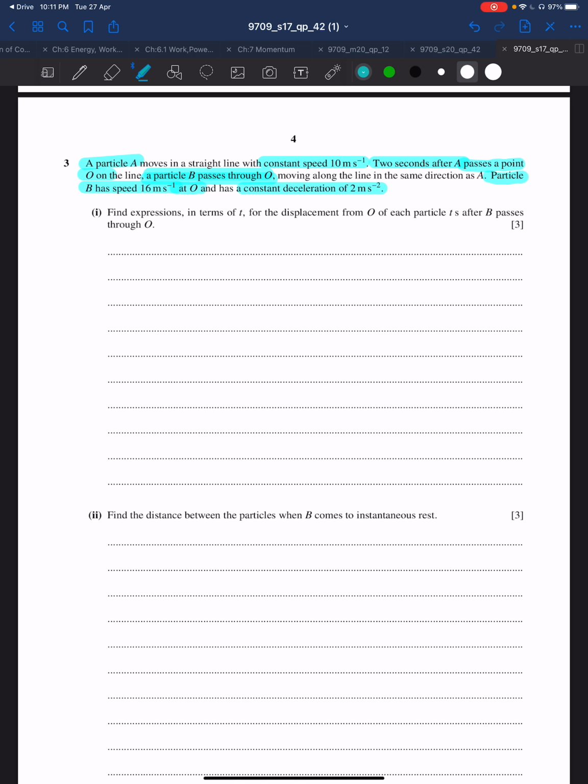Find the expression in terms of t for the displacement from O of each particle t seconds after B passes through O. That means this time t seconds is for B. If the time for B is t seconds, that means A will have the time t plus 2 seconds, right?